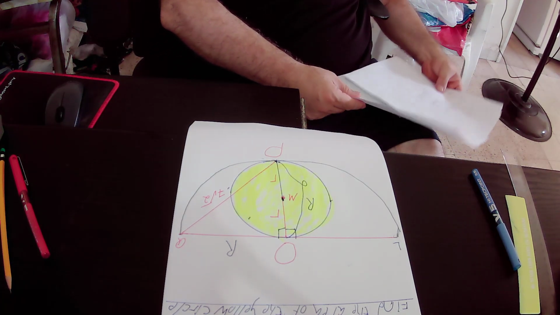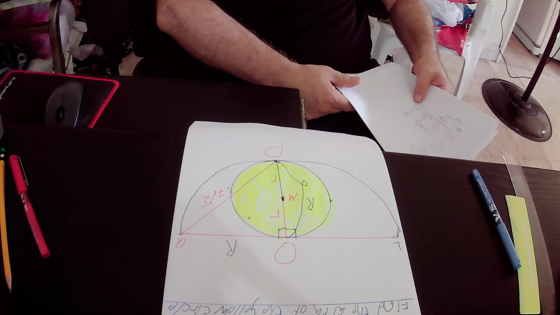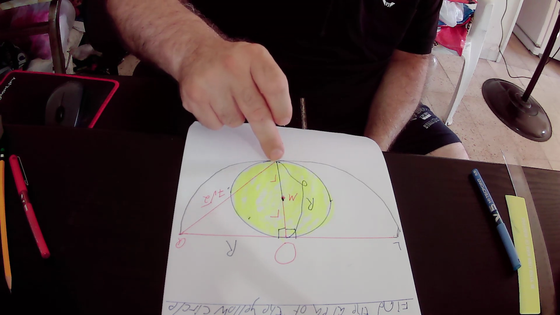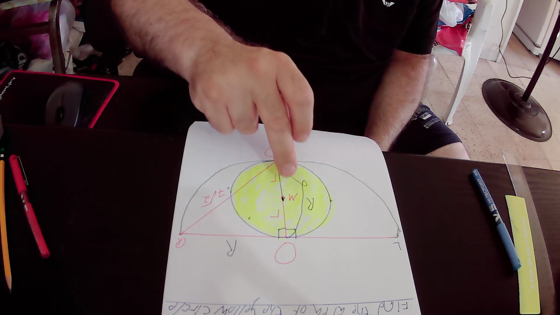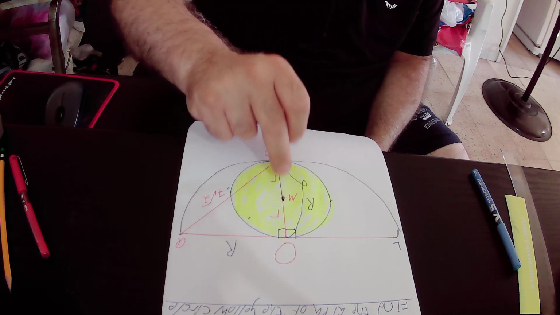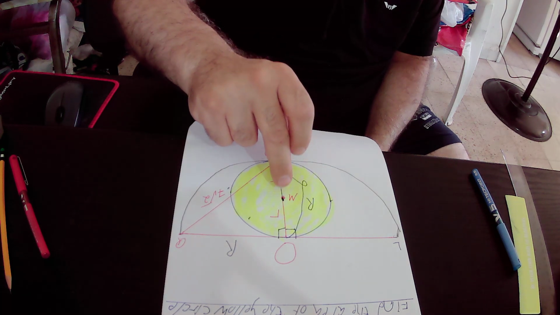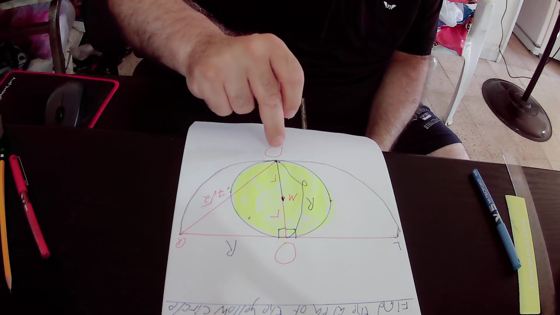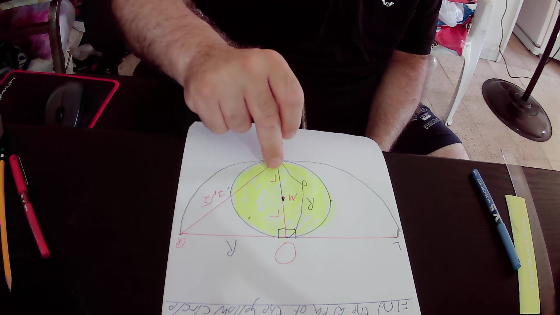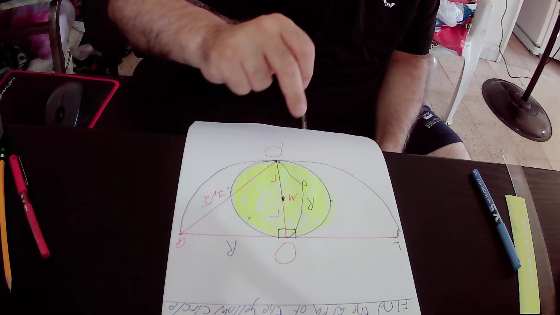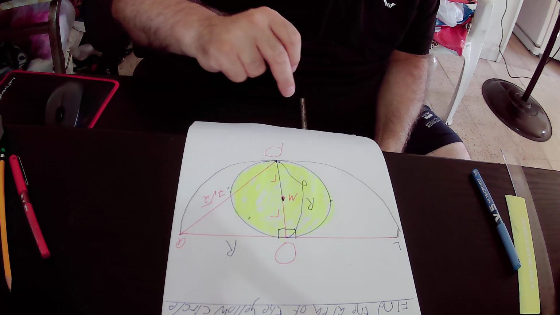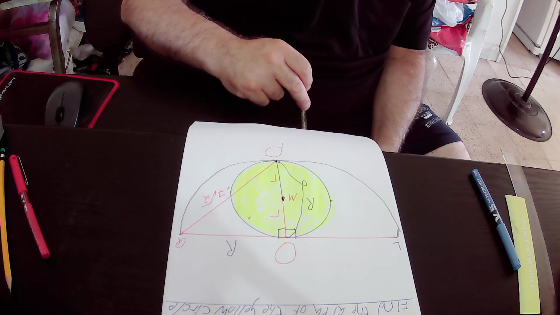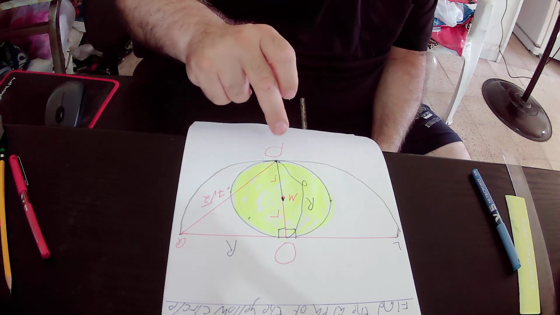We can also say that MP is the radius of the yellow circle, because line segment MP starts from the center of the yellow circle and ends at point P, a point on the yellow circle itself. So OP equals 2 times R, and that is the definition of the diameter.